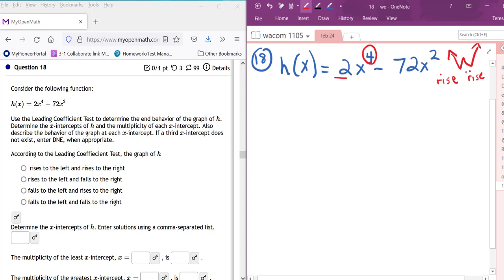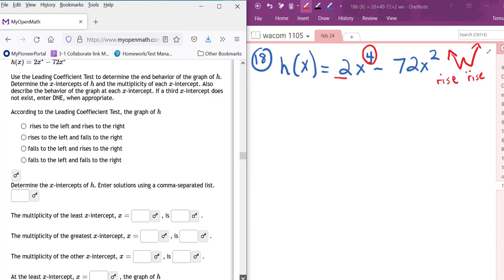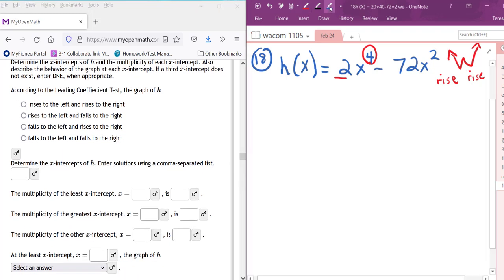Next question says determine the X-intercepts. So we have to solve. So I'll just rewrite it since I had the other stuff written on it. So we have to do a GCF here.